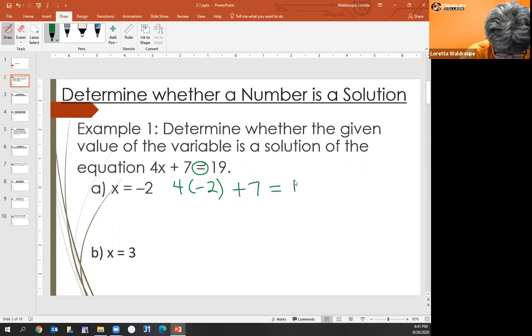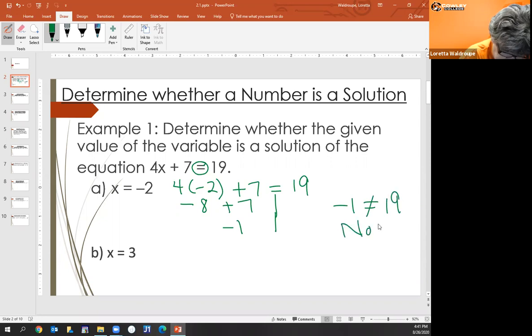And we're asking ourselves, does that equal 19? 4 times -2 is -8. -8 plus 7 is -1. And this line that I drew down from the equals just means my equals carries down. But we know that -1 does not equal 19. So my answer here would be no, that is not a solution.